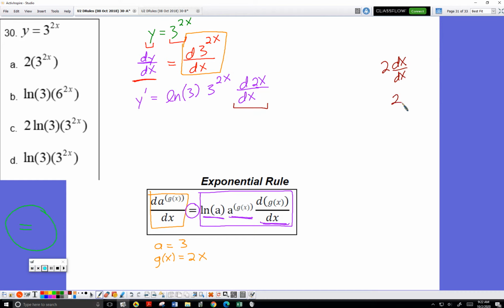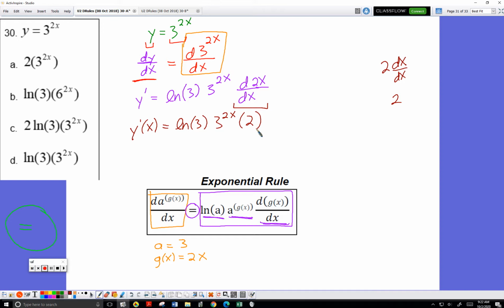So now I have y prime, we'll write y prime of x, that sometimes shows up on the AP test, of x equals the natural log of 3 multiplied by 3 to the 2x multiplied by 2. Questions to that?